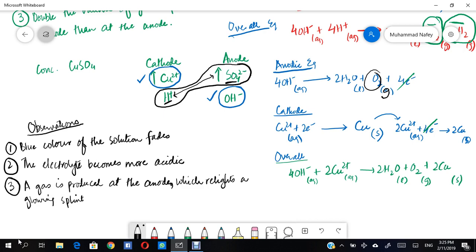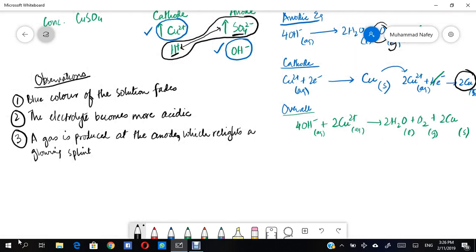Right. Now let's take a look at the cathode. At the cathode, a solid is being produced, and that's copper. Therefore the observation at the cathode would be deposits of a new copper.